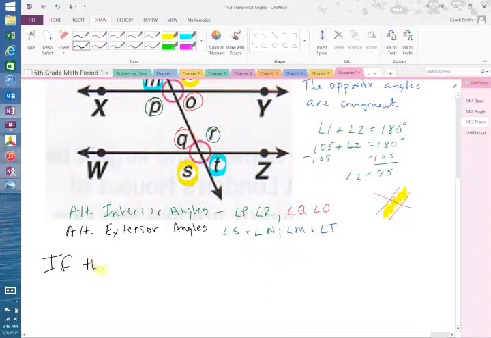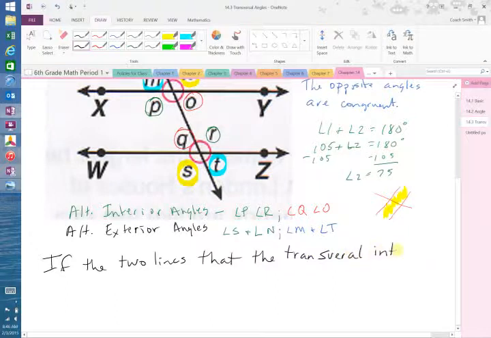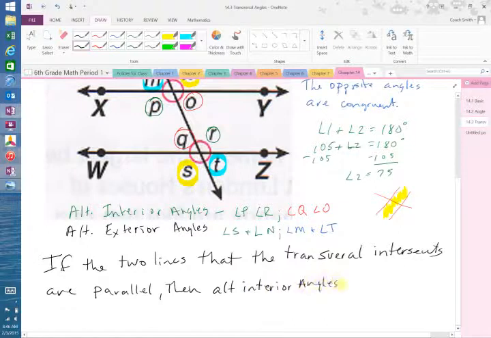If the two lines that the transversal intersects are parallel, then alternate interior angles are congruent, and alternate exterior angles are congruent.